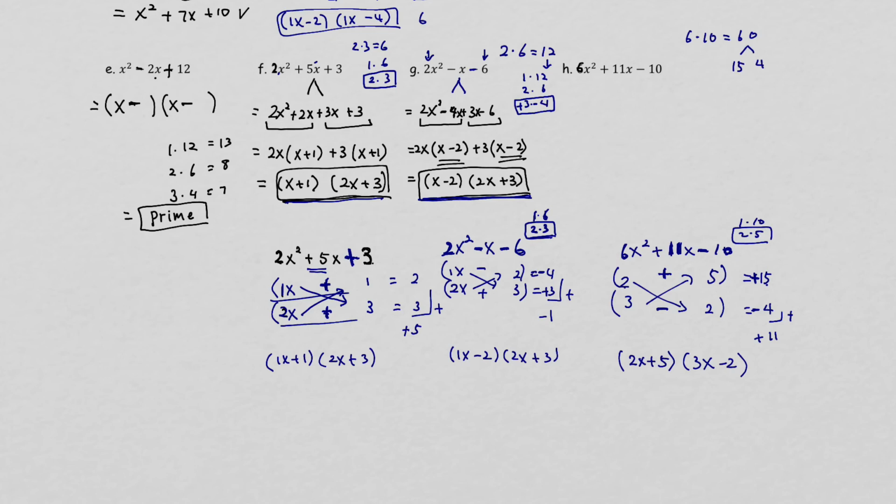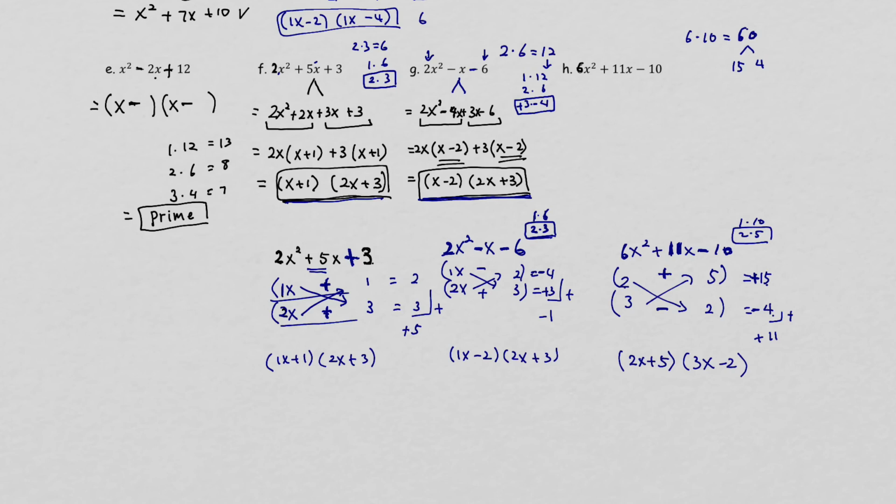I did it here, that's why it's easier to find. But if it's the first time using this method, maybe you need to play with some of the factors of 60. And that's one of the reasons I don't like to use this method, because when you're multiplying leading coefficient and constant, sometimes this number, you get really larger.